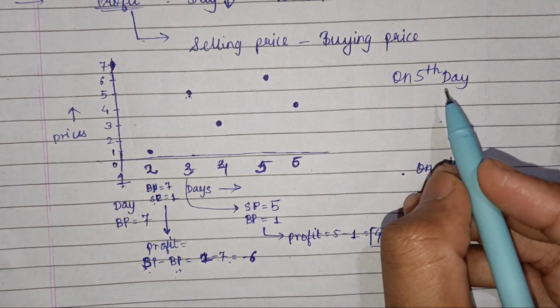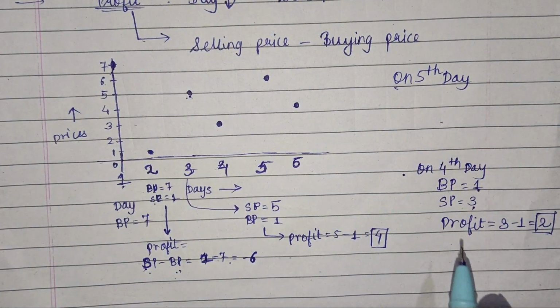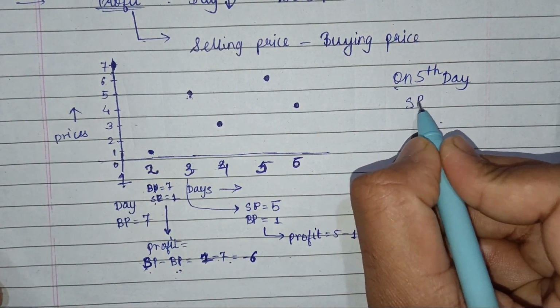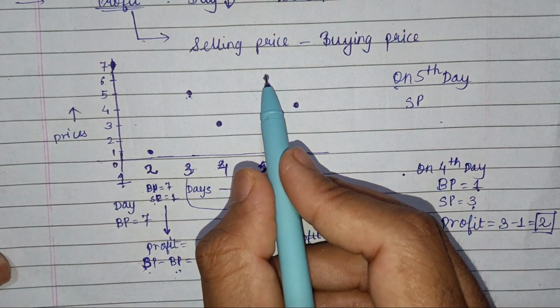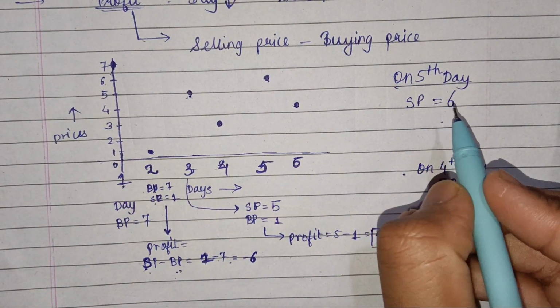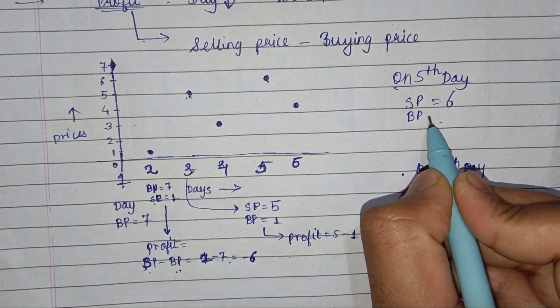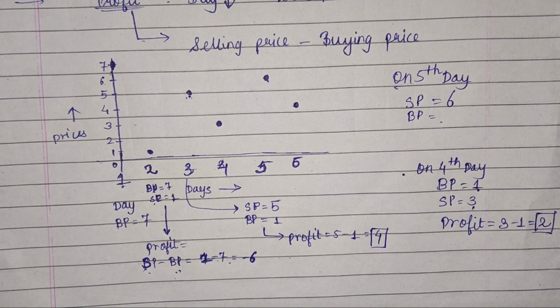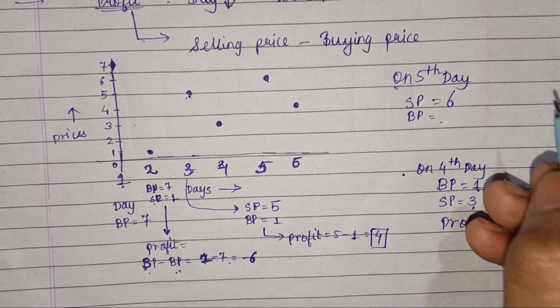On the 5th day, the selling price is 6. The buying price will be the minimum of the previous, whichever is the minimum value, so we will take that value as the buying price.